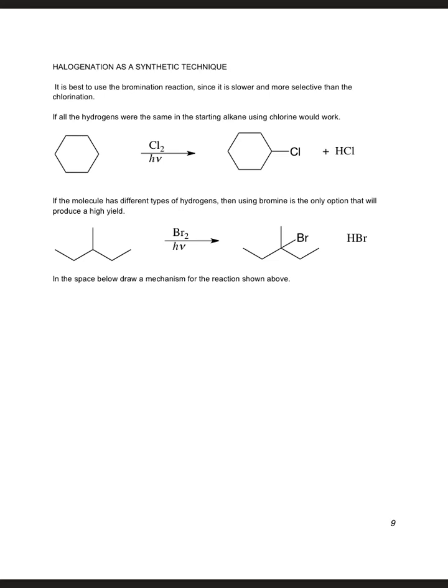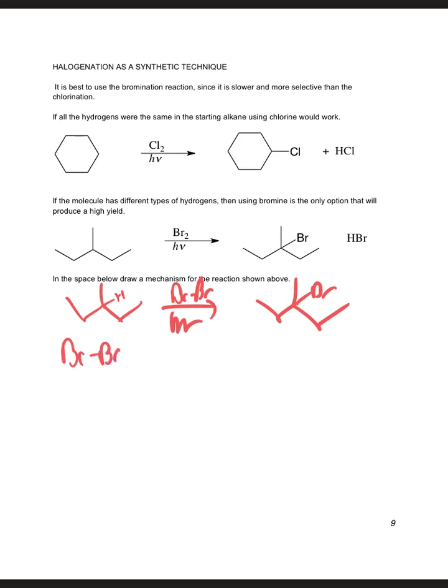You should be able to draw the mechanism for 2-methyl pentane reacting with bromine and light to form the 3-methyl 3-bromo pentane and HBr. It's a free radical. The bromine splits apart to form two of the bromine radicals.